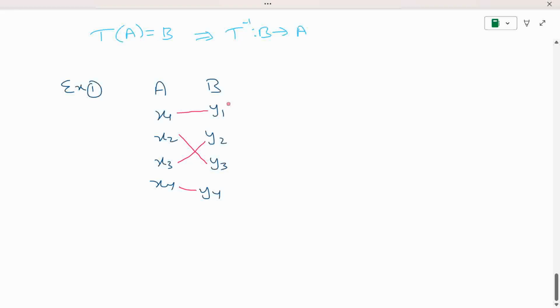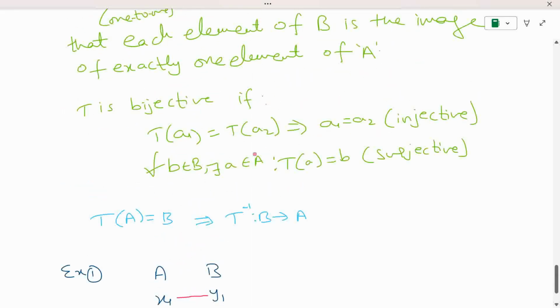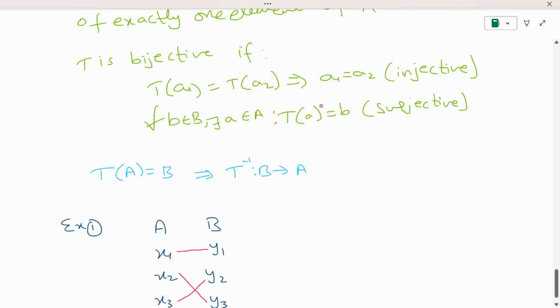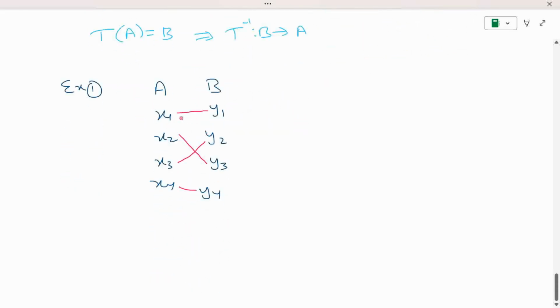First we have to check whether it is injective. If T of A1 is equal to T of A2, then A1 is equal to A2. So each element will have a unique mapping. x1 has y1, x2 to y3, x3 to y2, and x4 to y4. So it is injective.